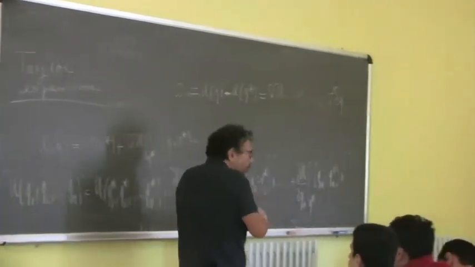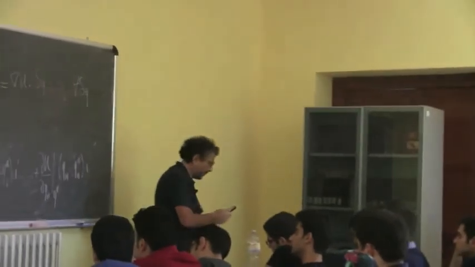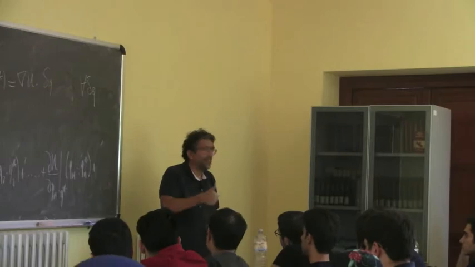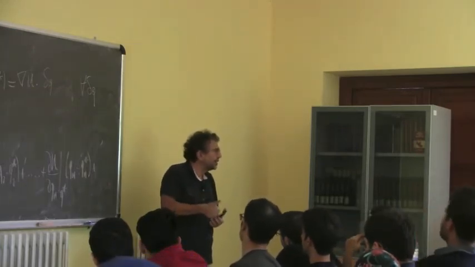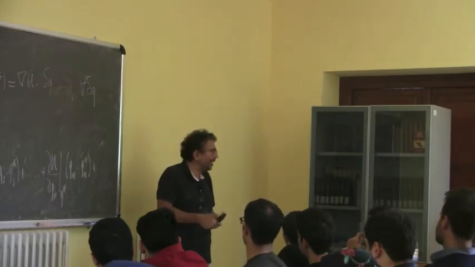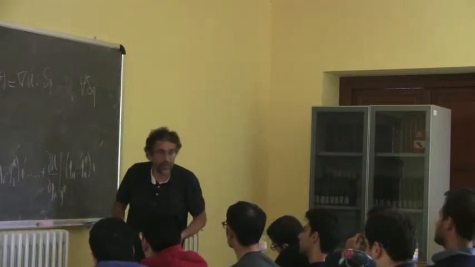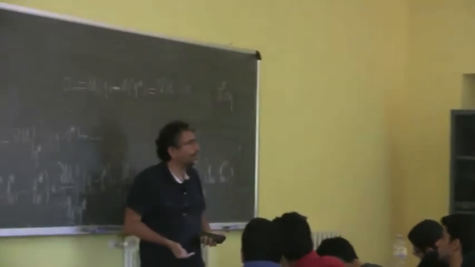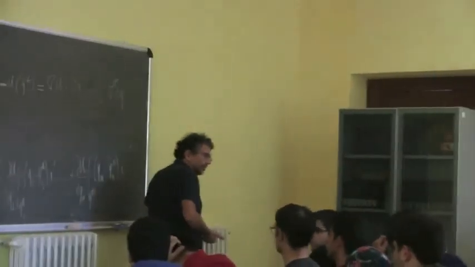I conclude by telling you that they believed in general relativity only when Hilbert and Poincaré found a variational principle for general relativity. Quantum mechanics has been invented postulating the principle of virtual work.